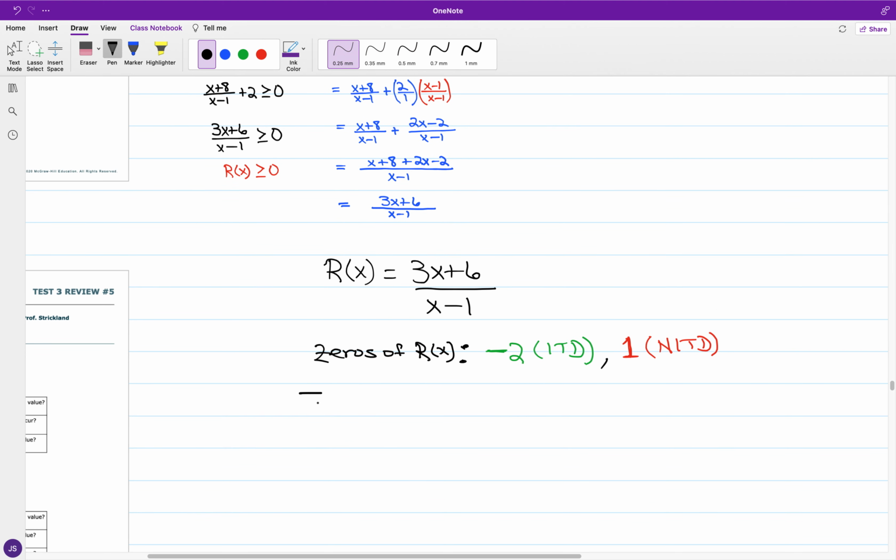Between -2 and 1, -2 is the smaller 0, so from the start, we'll have those values of x that are less than -2, and then going past -2, you have those values of x such that -2 is less than x is less than 1, and then for the remainder, you have those values of x which will be greater than 1.